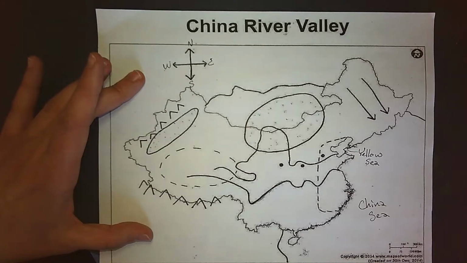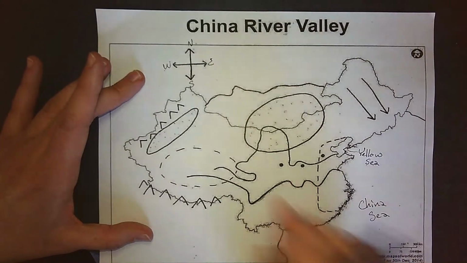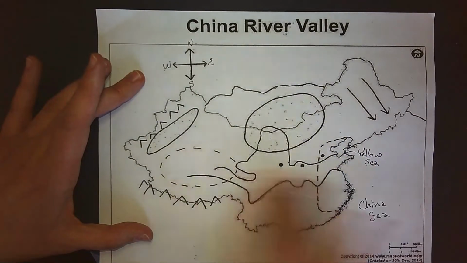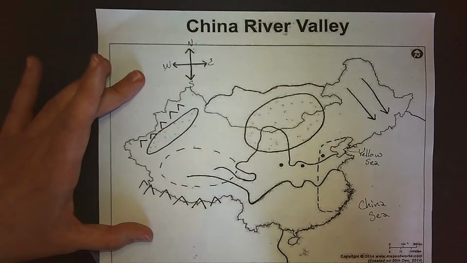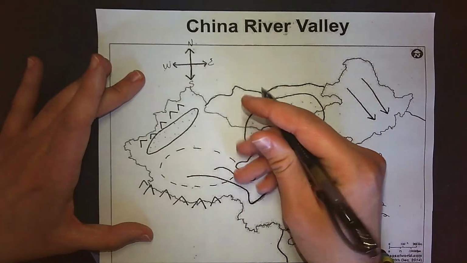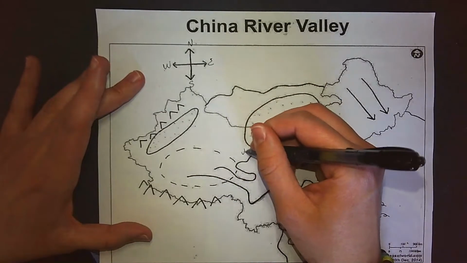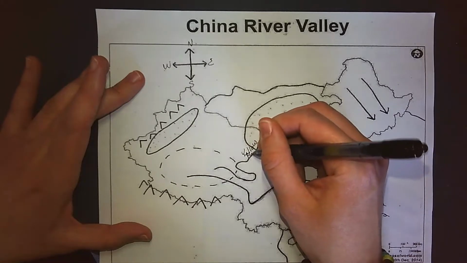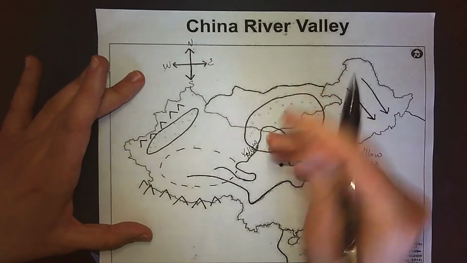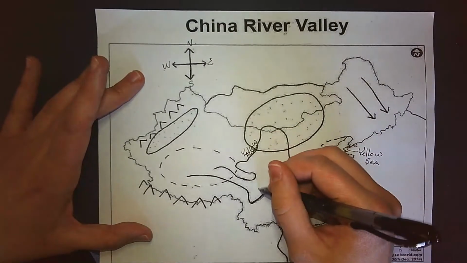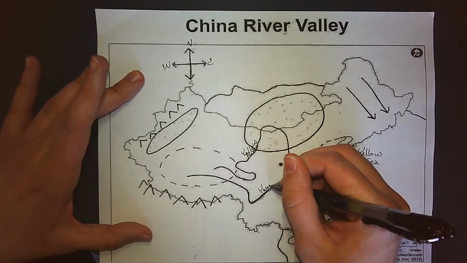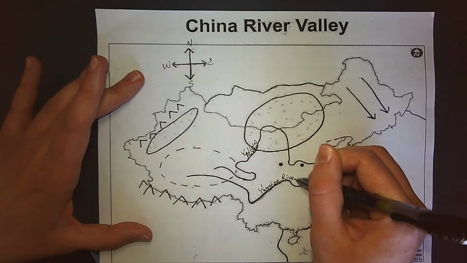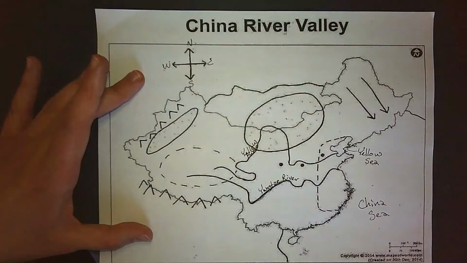And these are rivers that kind of start down over here and then flow this way. So the first one that we have is the Yellow River, or the Huanghe River. So the Yellow River. We also have the Yangtze. So we have a couple of rivers that we're going to start with labeling.